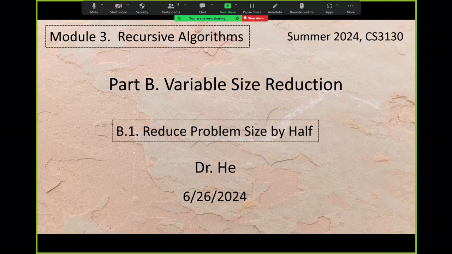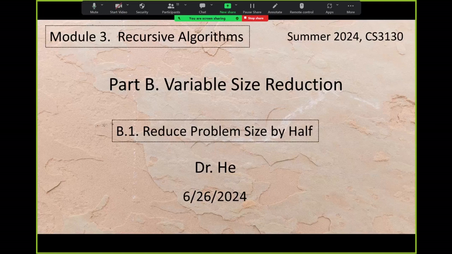The next one. Now we move to part B. The title is called variable size reduction. Remember, in the previous two examples, the factorial example and the Tower of Hanoi problem, we did problem size reduction by 1.